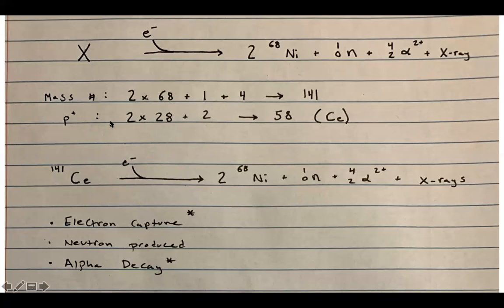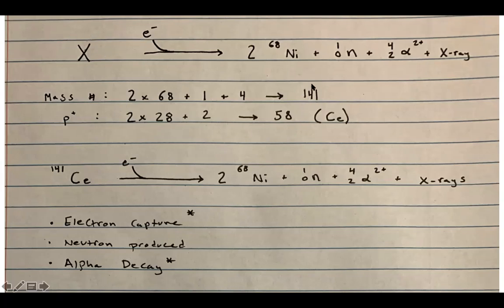And because we have 2 nuclei of nickel, it's 2 times 28 plus 2 protons that we see in our alpha particle. We don't need to include the neutron because it has 0 protons. And so when we add up the total number of protons, it comes out to 58 protons, which when we look on the periodic table corresponds with Ce. That tells us the identity of the parent nuclei.